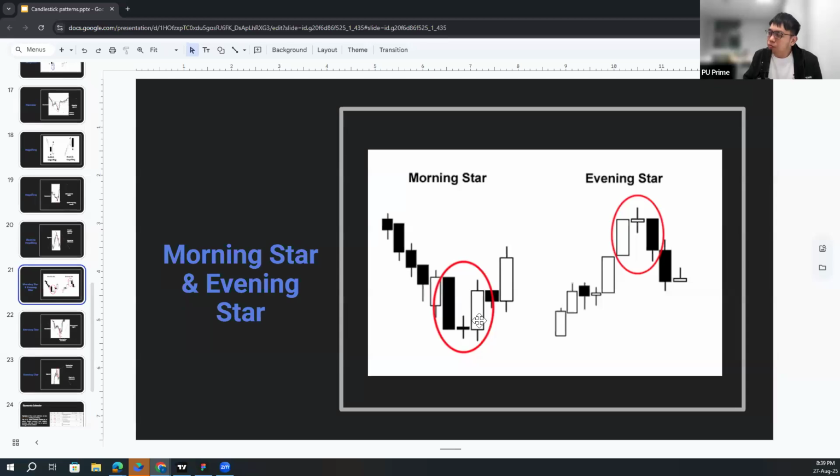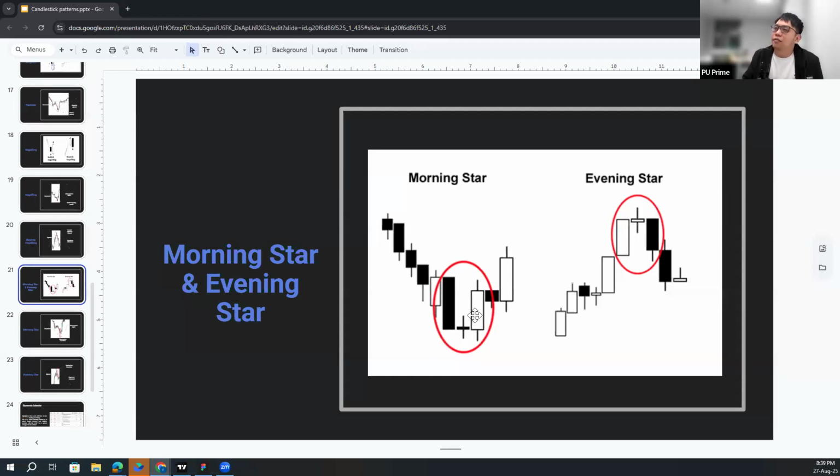All right. So what is a morning star and what is an evening star? If you look at the pattern, it is very similar. The difference is where it happened, whether at the bottom of the trend or at the top of the trend. If it's at the bottom of the trend, why is it called a morning star? Because we're expecting the bearish trend to end here after you see a morning star, because morning gives us hope, right?